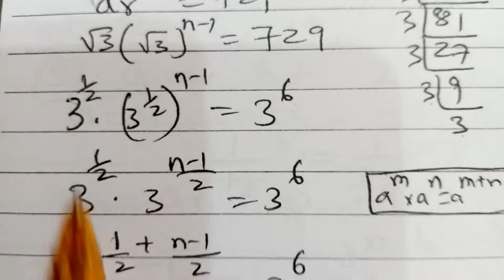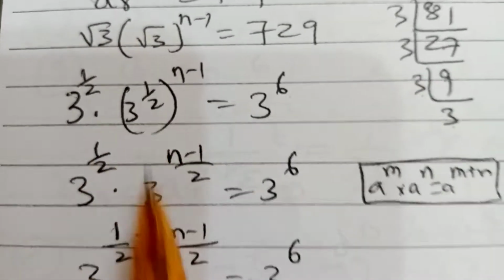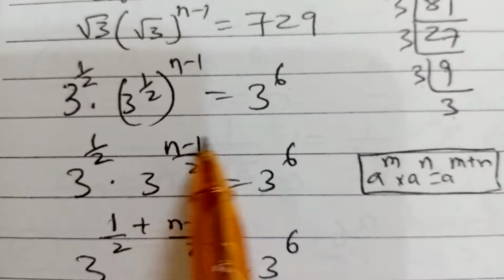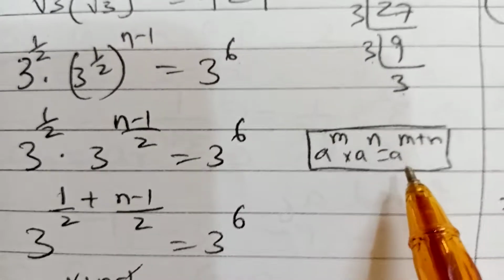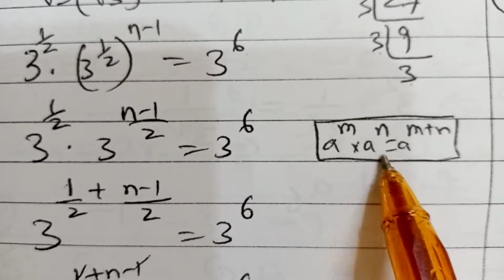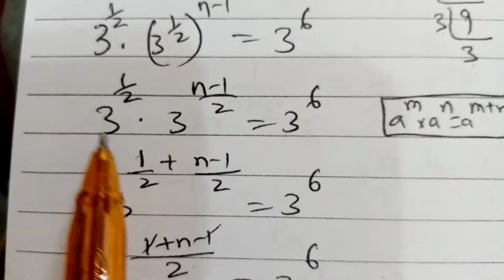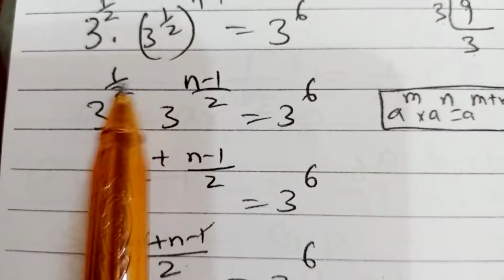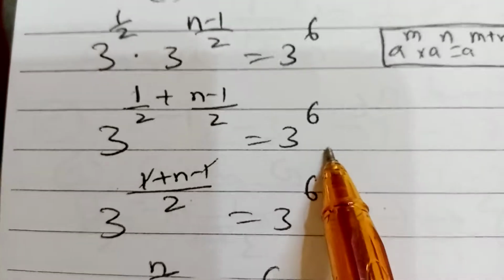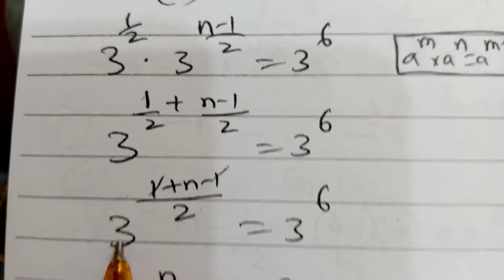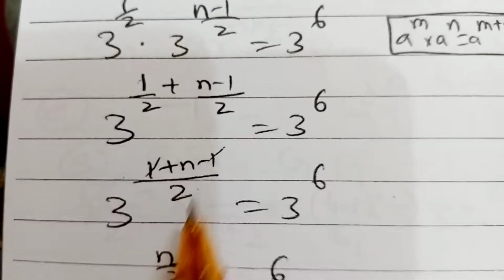Now 3 power of 1 by 2 as it is. 3^(1/2) into (n-1) gives 3^((n-1)/2). We have the formula a^m into a^n is a^(m+n). Bases are the same, so powers should be added. So 3^(1/2 + (n-1)/2) is equal to 3^6. Here 3 as it is, and the LCM of 2 and 2 is 2.